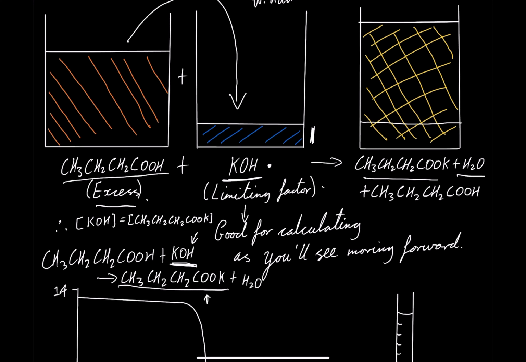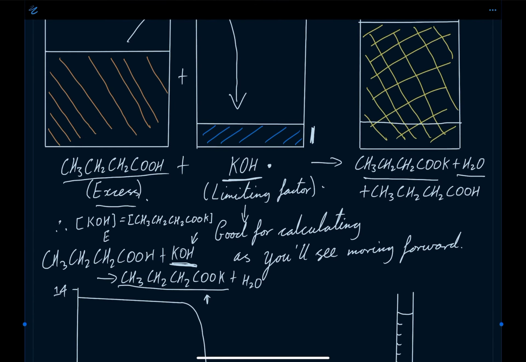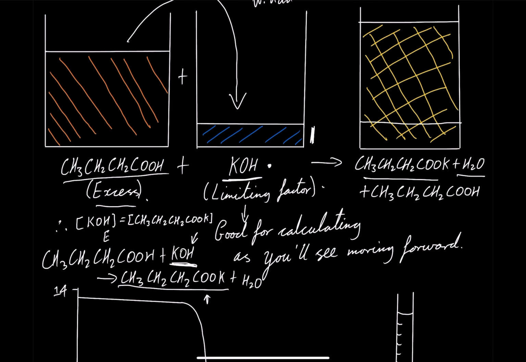And because this is in excess, technically we still have some, because remember, only this amount of butanoic acid is going to react to form the salt. The rest is just left over, so we still have some butanoic acid left over in our solution here.